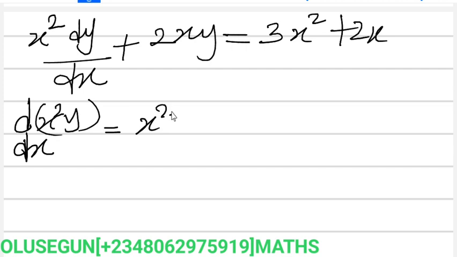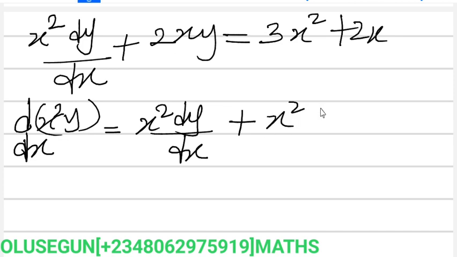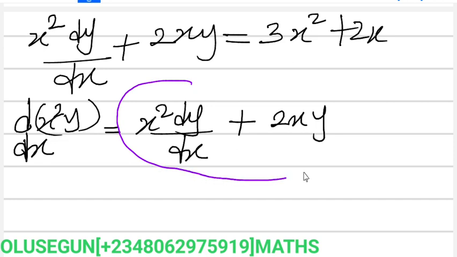Let's leave x squared and differentiate y in implicit form, we have this now, plus we leave y and differentiate x squared, when you differentiate x squared we have 2xy. So you're able to see that the derivative of this is also this equation.